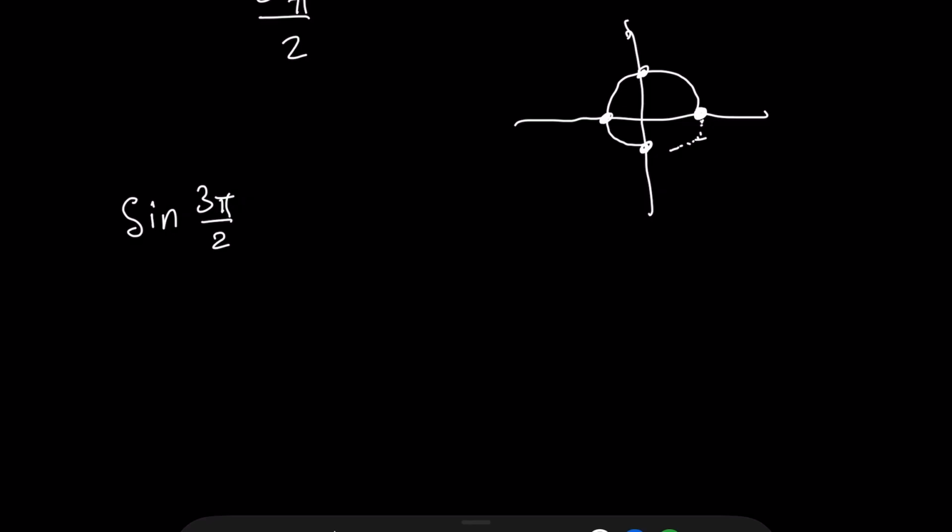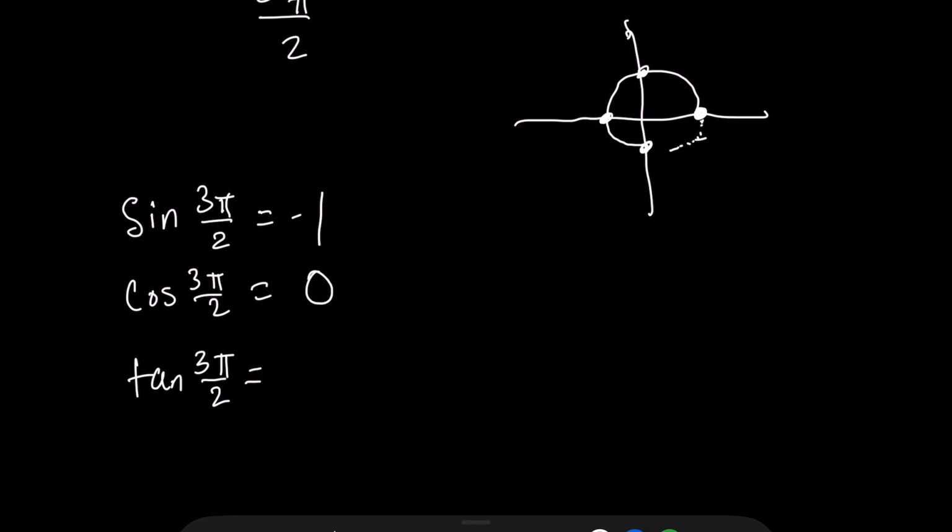For sine 3 pi over 2, you'll notice that's negative 1. Cosine 3 pi over 2, there's no x coordinate, so 0. Tangent of 3 pi over 2: because tangent is sine over cosine and cosine is equal to 0, this is undefined, because negative 1 over 0 just doesn't work.